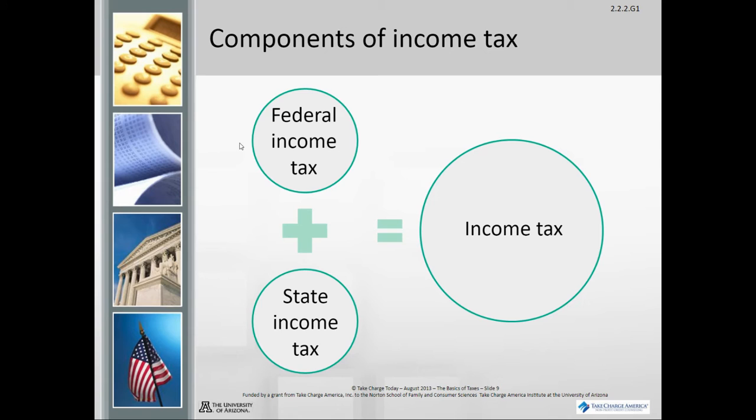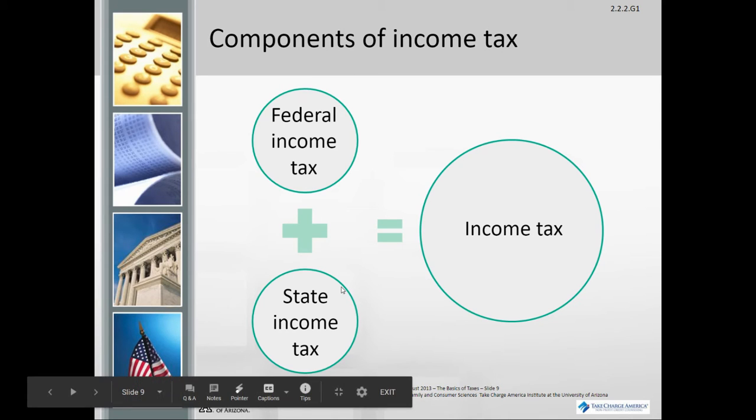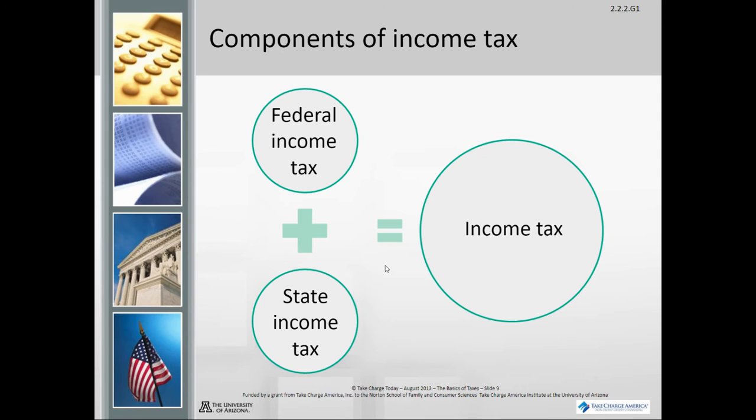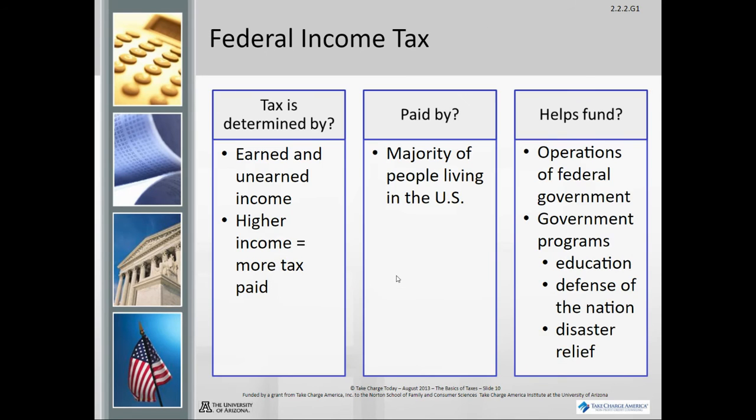So, income tax is actually taken by the federal government, which means the United States, and also from your state. So, at tax time, we file two separate forms. We file our federal income taxes and we file our state income taxes. Federal income tax is based on how much income you make.